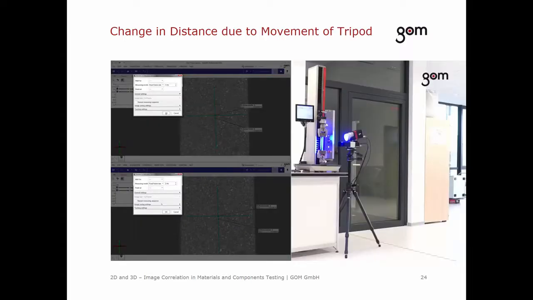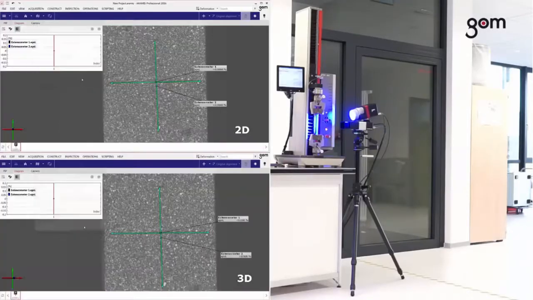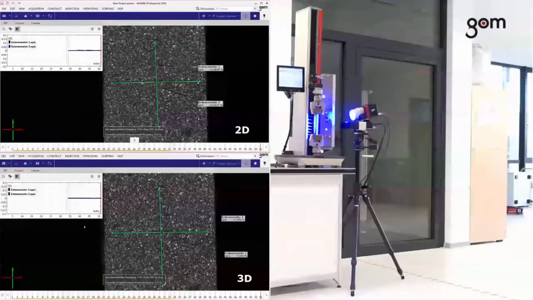In this test, I considered only the external influences on the upper 2D measurement and the lower 3D measurement. To show the influences, I activated the deformation tracking at the same time.